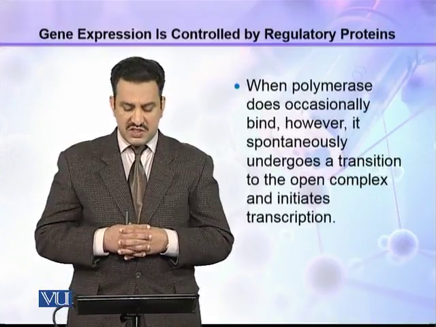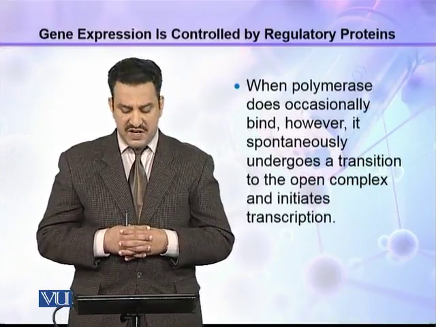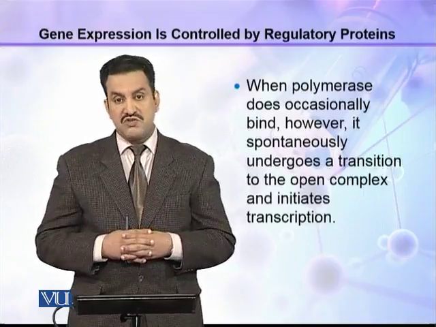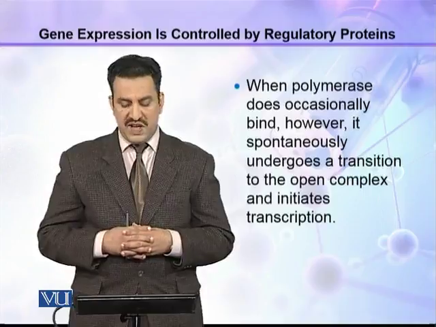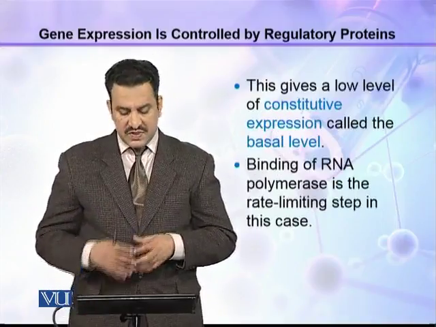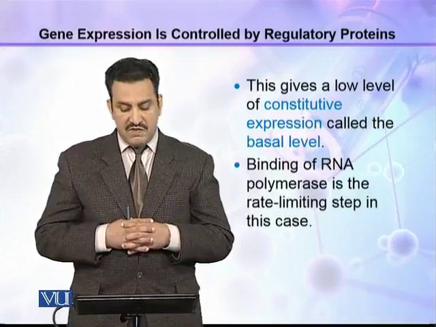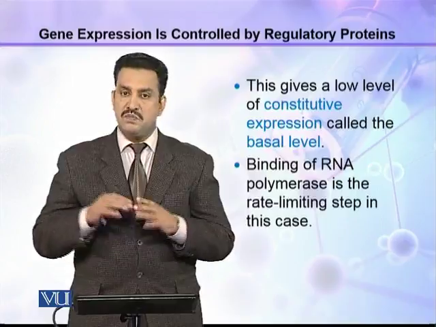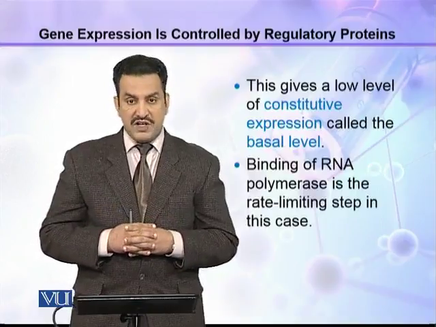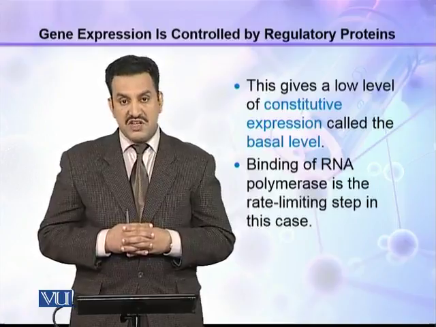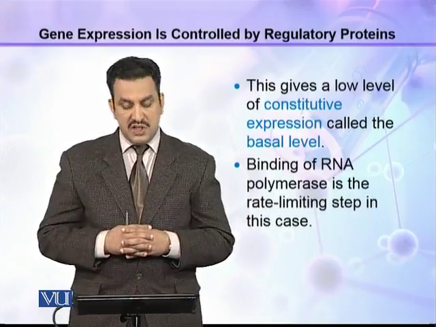When polymerase does occasionally bind, however, it spontaneously undergoes a transition to the open complex and initiates transcription. This gives a low level of constitutive expression, which is also called basal level. Binding of RNA polymerase is the rate limiting step in this case.